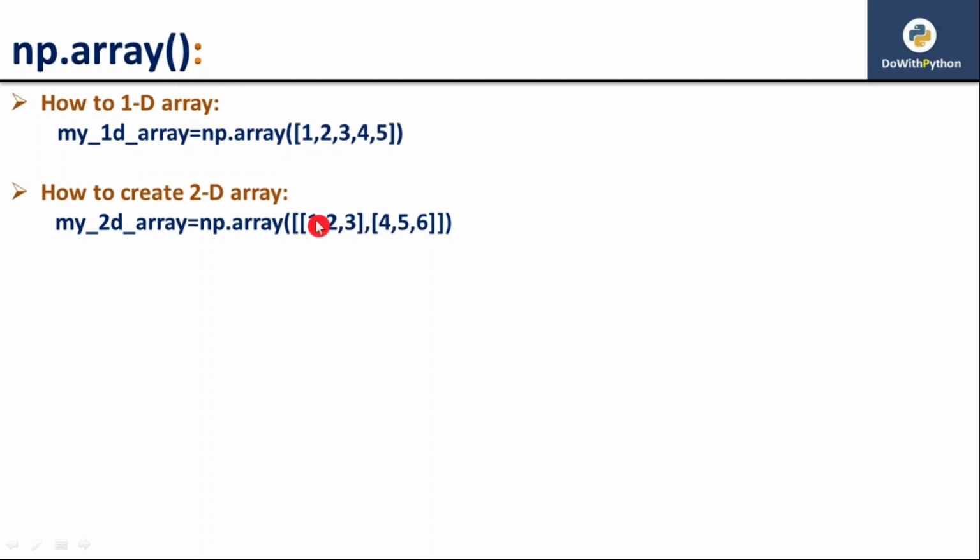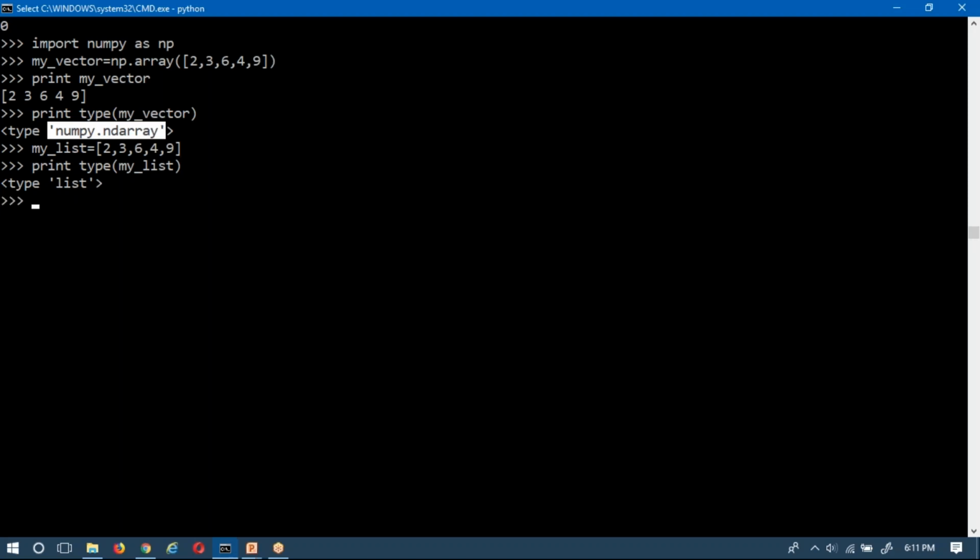Then you have to provide those two rows as lists inside one more list: two square brackets, the first row in square brackets and the second row in square brackets, a list inside a list. If you provide this syntax, you will be able to create a matrix. Let me do it on my command line. Suppose I am going to take my matrix.